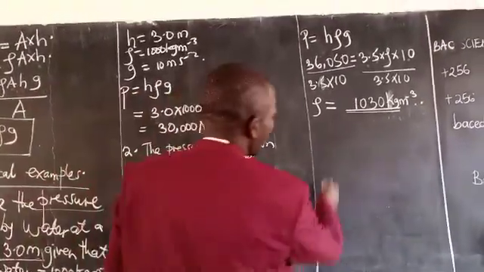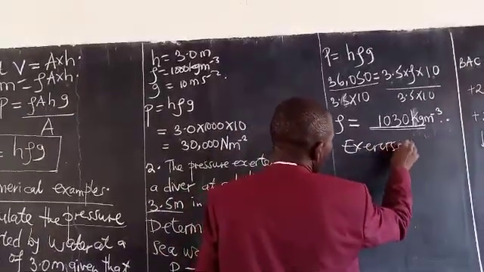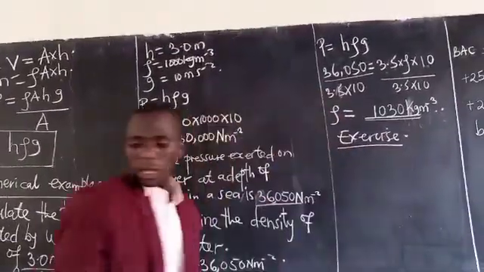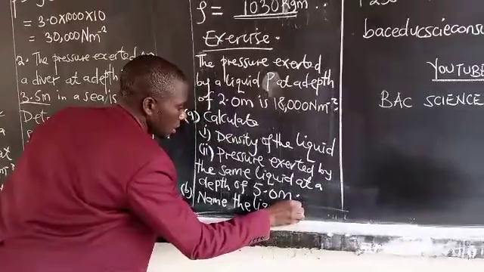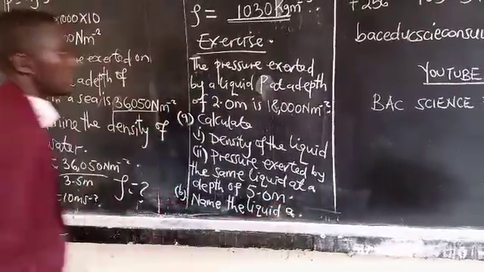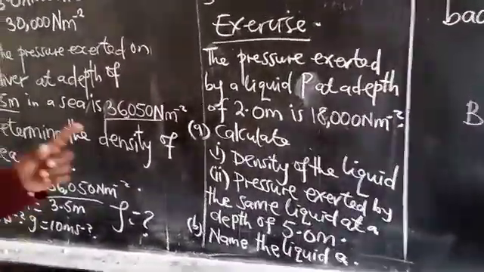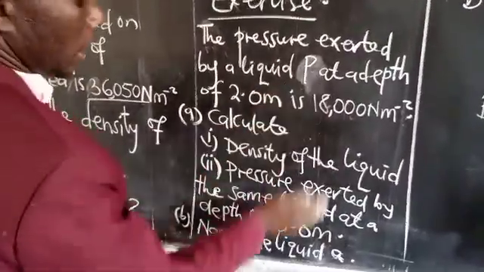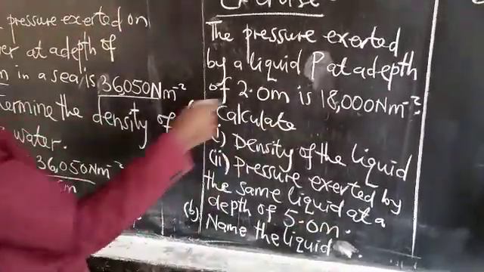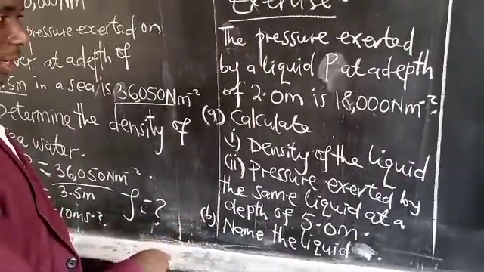I think I have done a lot. You can also do this. The pressure exerted by a liquid P at a depth of 2 meters is 18,000 Newton per meter square.